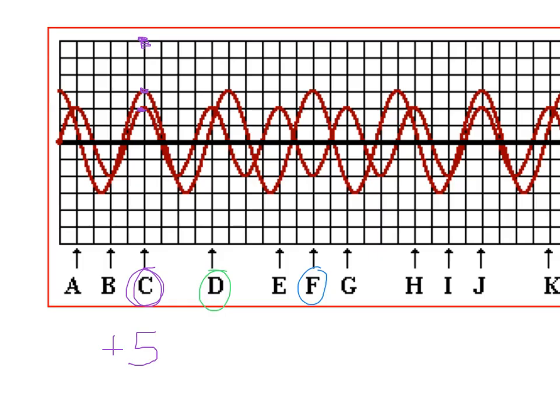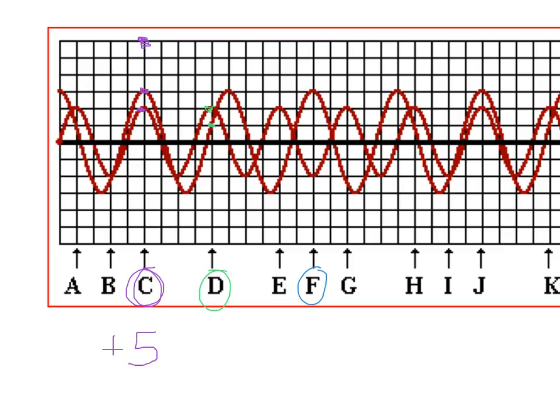Now, if we look at what happens here at D, we have the small wave. Again, we're at the very peak there, so I'll draw that in green. But the bigger wave, we're actually not on the top of a crest there, and so we have a smaller wave amplitude at that particular location.